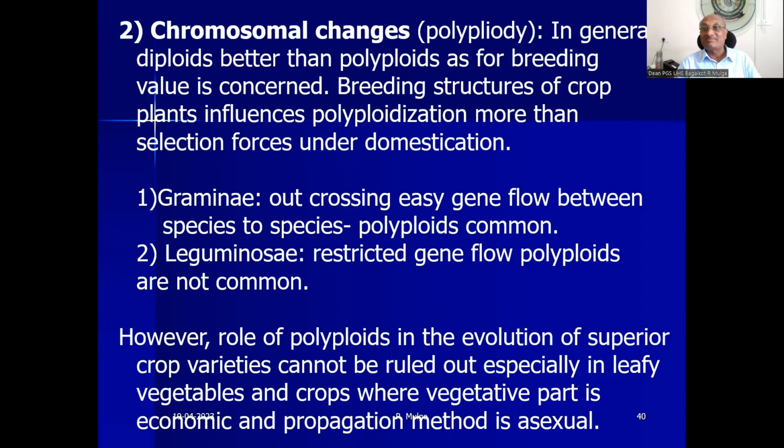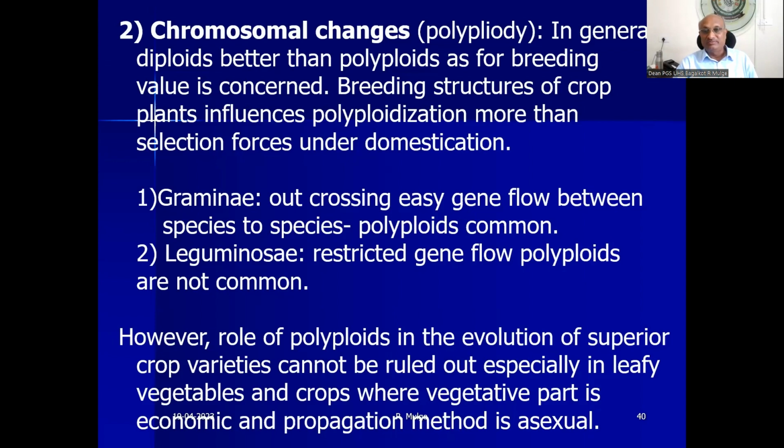But that is rare. You consider the entire range of the crop plants existing in the universe. It is always the diploids having more breeding value. But in certain cases, you cannot rule out this ploidy change in the course of evolution of certain crops, that is, asexually propagated crops, right?